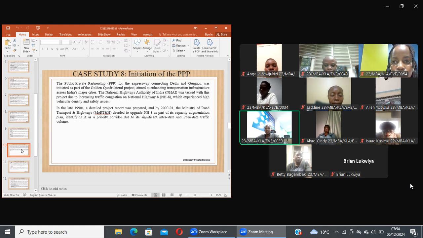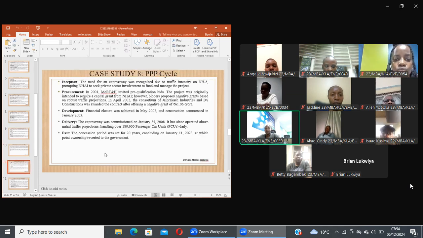In the late 1990s, a detailed project report was prepared. By 2000-2001, the Ministry of Road Transport and Highways decided to upgrade the national highway as part of its capacity augmentation plan, identifying it as a priority corridor due to its significant intra-state and interstate traffic volume. That was the introduction of our case study.